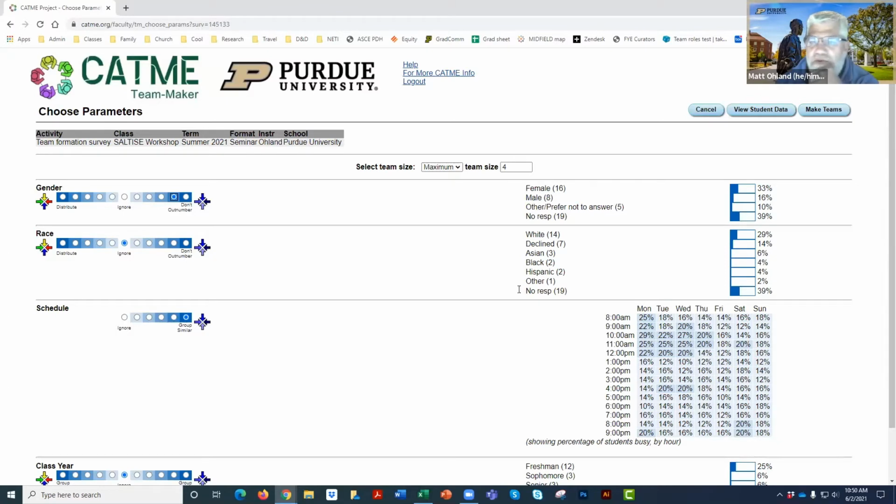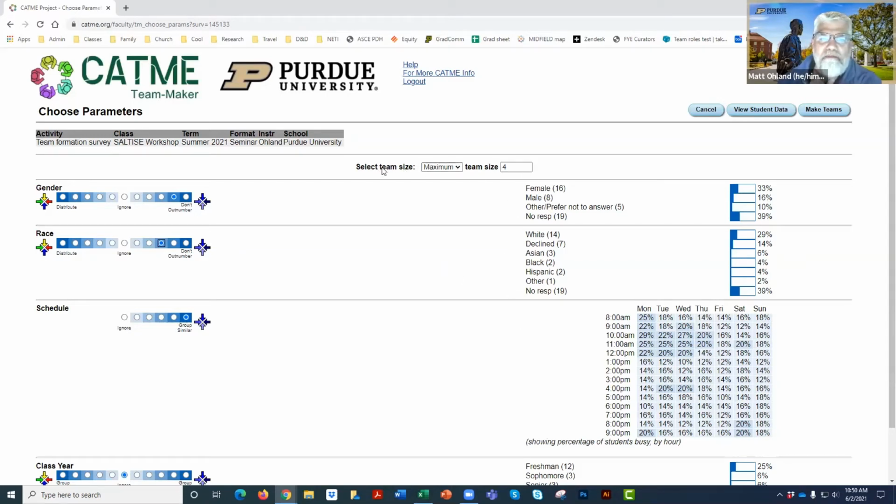When it comes to race and ethnicity, that looks fine too. The don't outnumber is the criterion that Sidney described, where the goal is making sure that people who tend to be marginalized by majority populations aren't isolated.